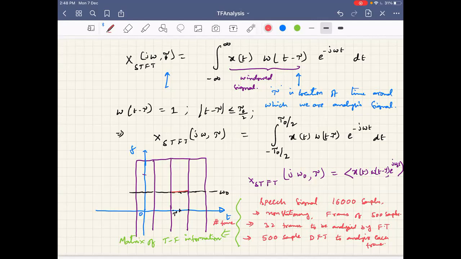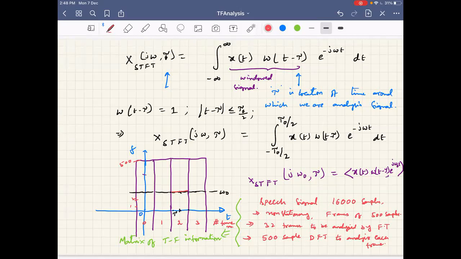So this may be 0 here, first frame here, second frame here, third frame here, and so on. How many frames do we have? 32 frames, so there are 32 columns. And how many rows will there be? We have 500 samples in the DFT, so we will have 0, 1, 2, and so on, up to 500 different frequency coefficients for a given frame.